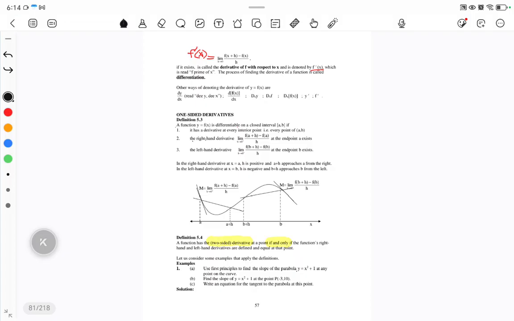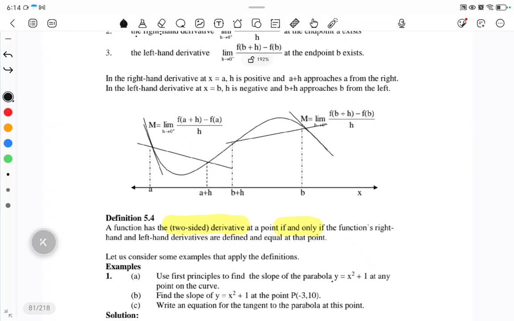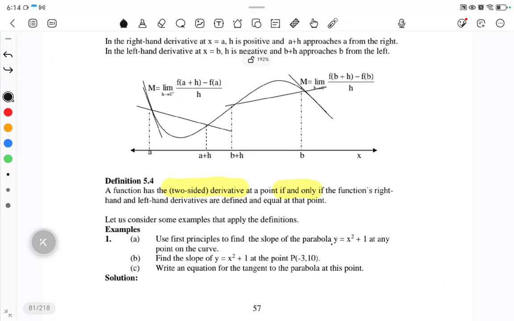Then the second one, they say find the slope of y equals x squared plus 1 at this point. So this is our x. After deriving, we're going to plug minus 3 on x. And then they say write the equation of the tangent to the parabola at this point. We remember the equation was y equals mx plus c. So we're going to be using such cases.